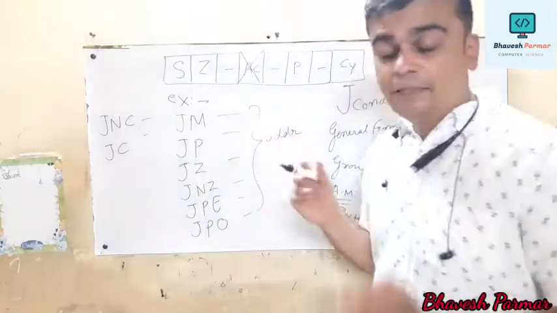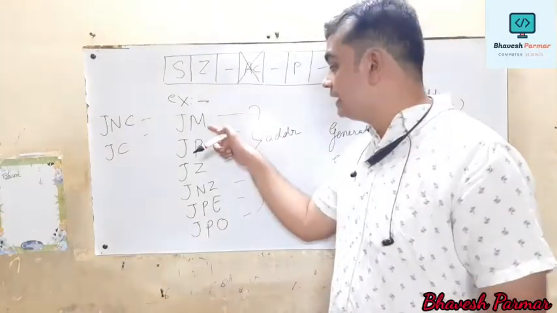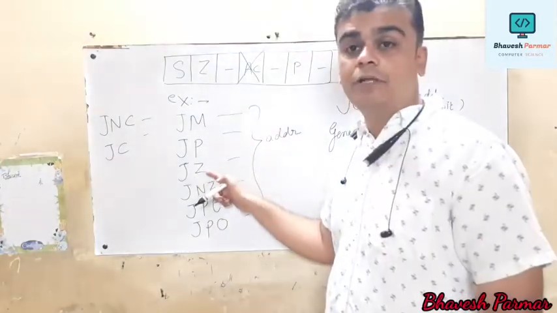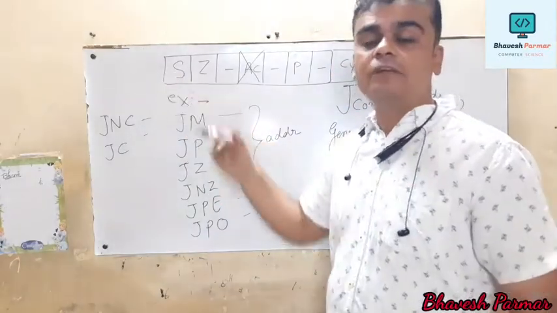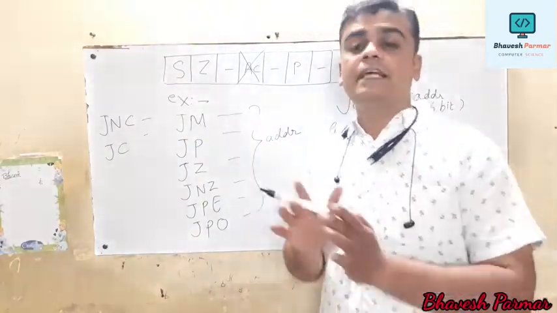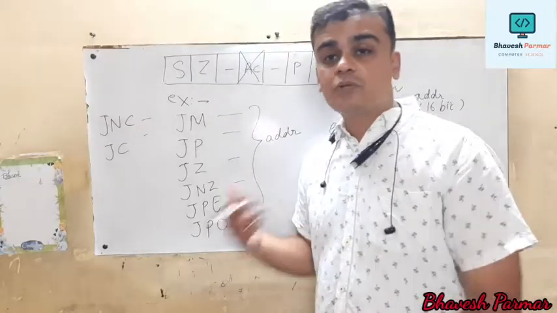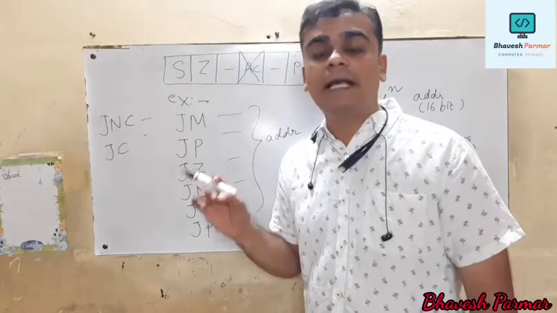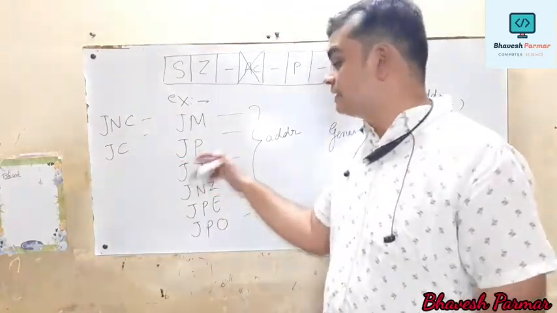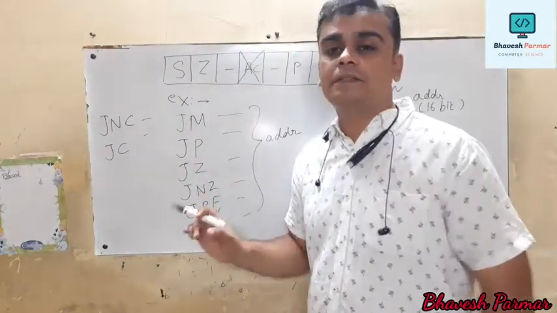Now what is the big question in our mind? What do you mean by JM? What do you mean by JP? What do you mean by JZ? First of all, these are related to the sign flag, when the sign flag is equal to 1 and when it is equal to 0. JM stands for jump on minus and JP stands for jump on plus.